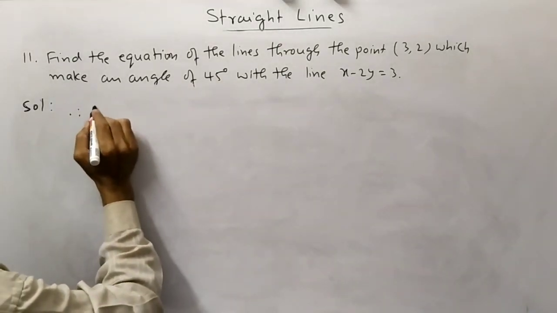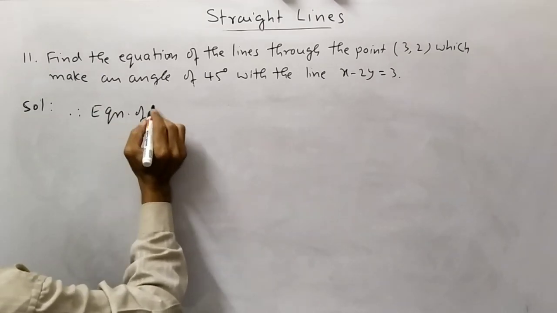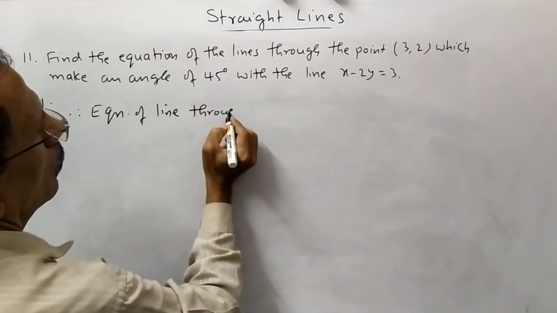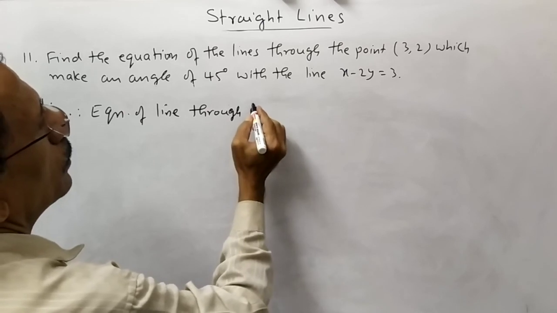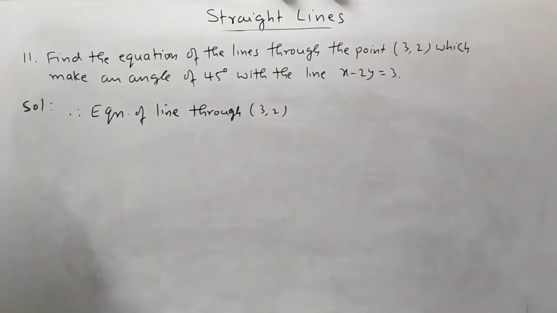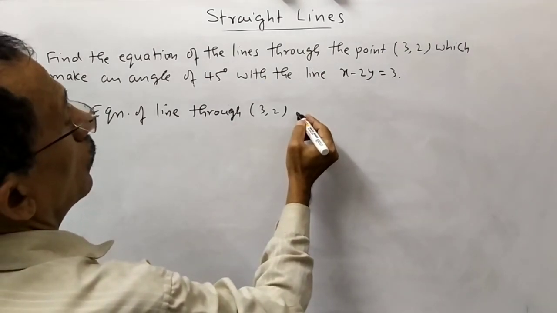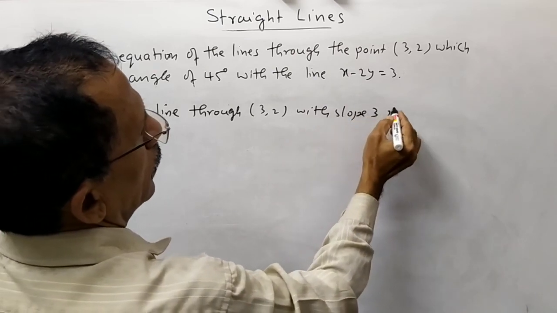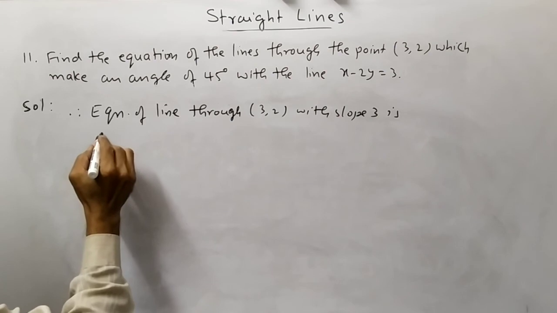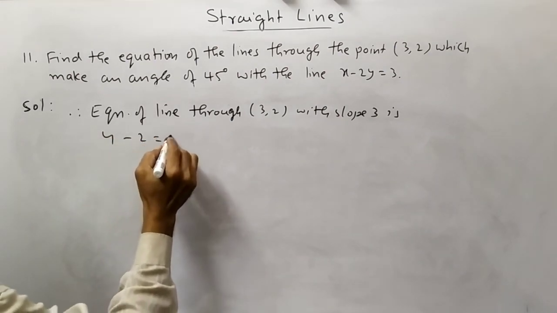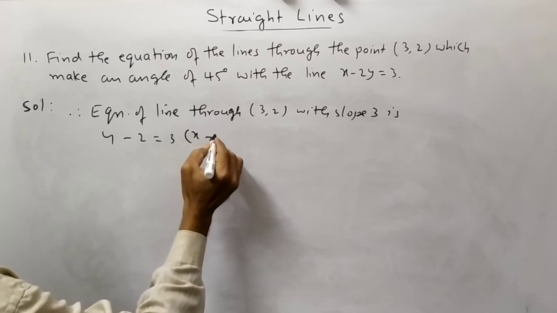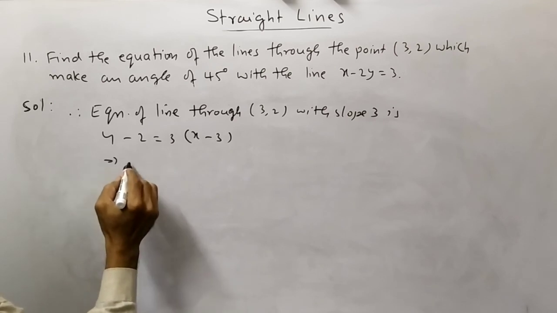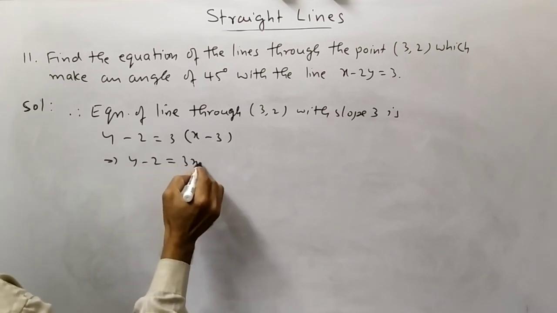Therefore, equation of line through point with coordinates 3, 2 with slope 3 is y minus 2 is equal to 3 into x minus 3 implies y minus 2 is equal to 3x minus 9.